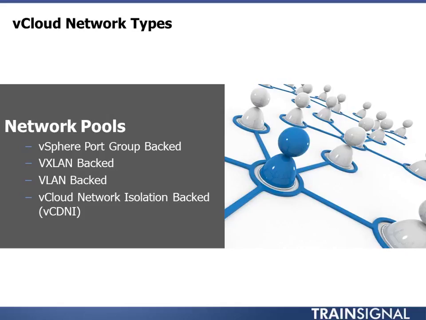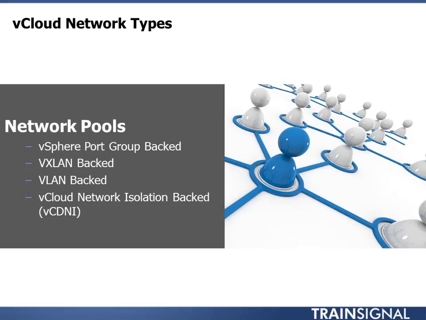So the only thing I want to conclude with on the network pools is, other than the vSphere port group backed network pool, all the other network pools require a distributed switch. And realistically, you're going to have, at the very least, Enterprise licensing to do vCloud because it requires the use of DRS, Distributed Resource Scheduler.